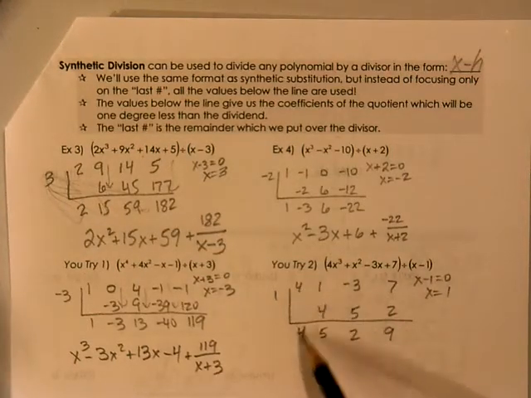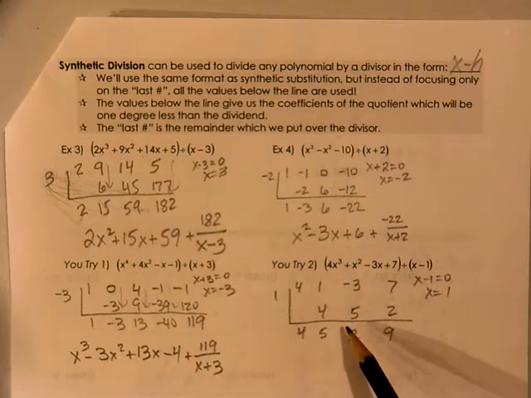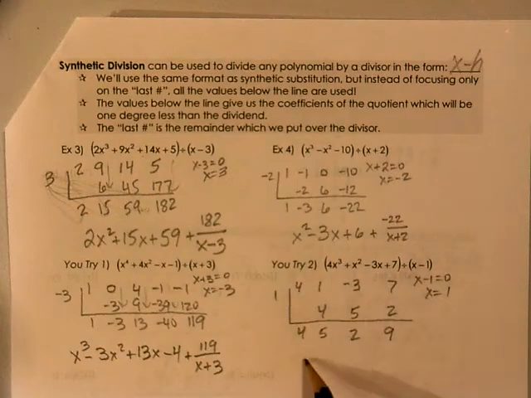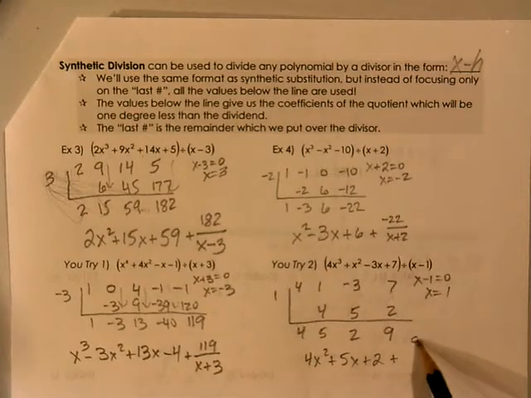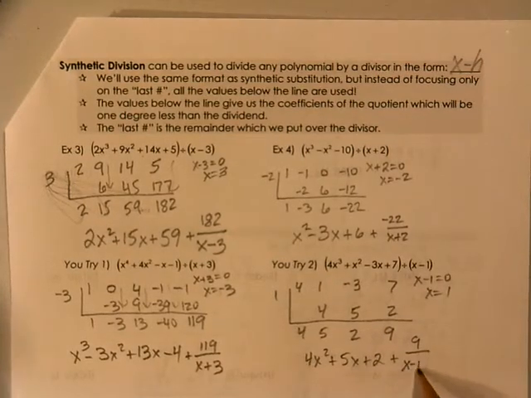So we brought our numbers down and multiplied, added them and multiplied, brought that all the way through. So that's going to be 1 degree less, which is 4x squared plus 5x plus 2, and that is 9 over x minus 1.